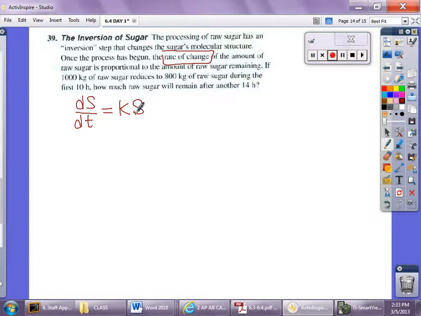If 1,000 kilograms of raw sugar reduces to 800 kilograms during the first 10 hours, how much will remain after another 14 hours? At time equal to 0, there was 1,000. At time equal to 10, there's 800. The time they want you to solve for is another 14 hours, so that would be 24. This is the breakdown.